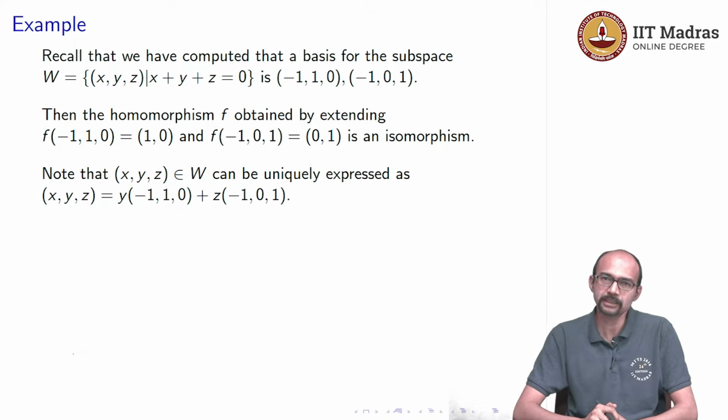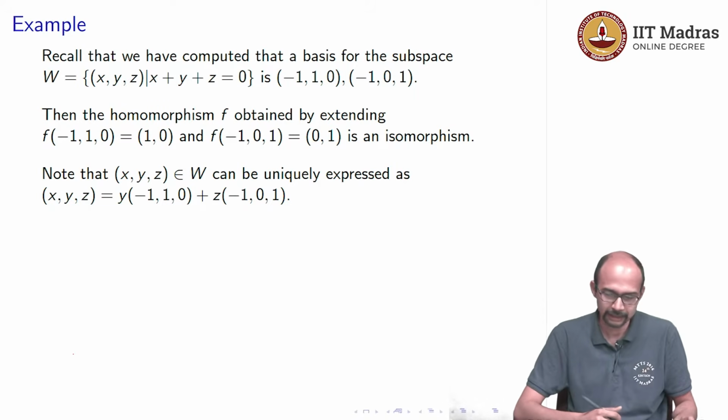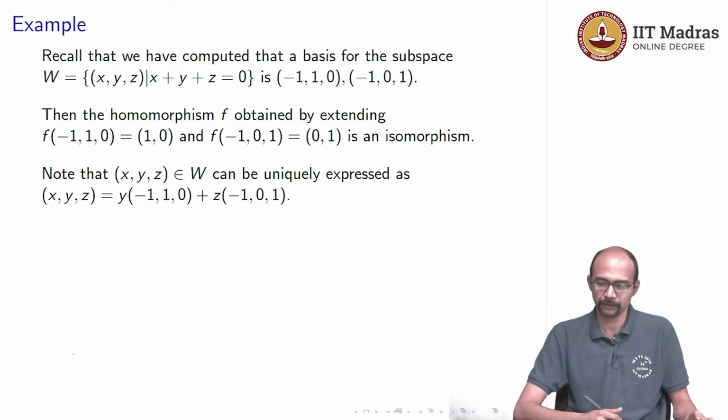You might wonder why that is the case, because you get minus y minus z in the first coordinate and then y in the second and z in the third coordinate. But minus y minus z is equal to x. Why is that? Because x, y, z is in W, that means x plus y plus z is 0, that means x is minus y minus z. Okay. So this is fine, and it is unique because this is a basis.